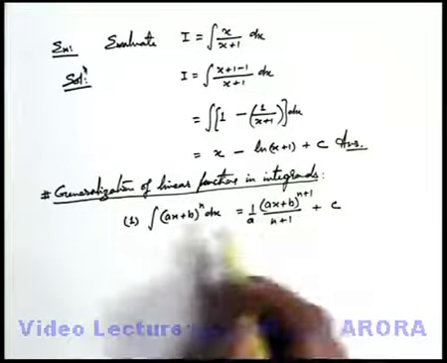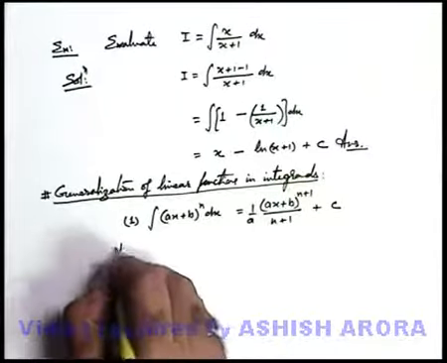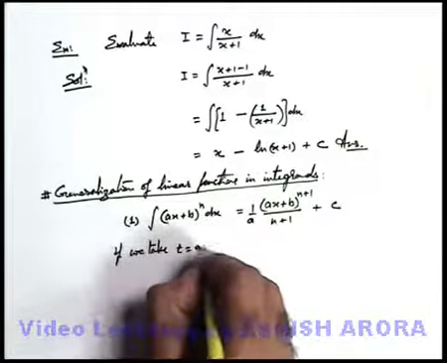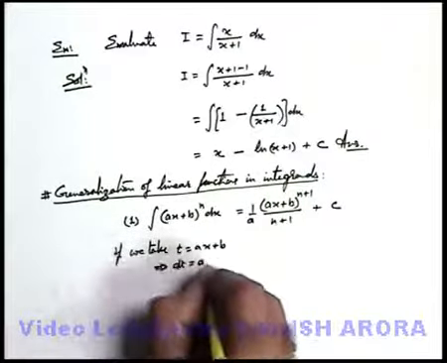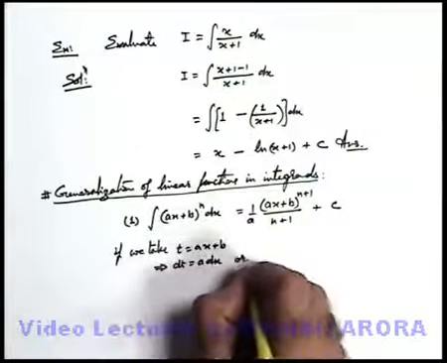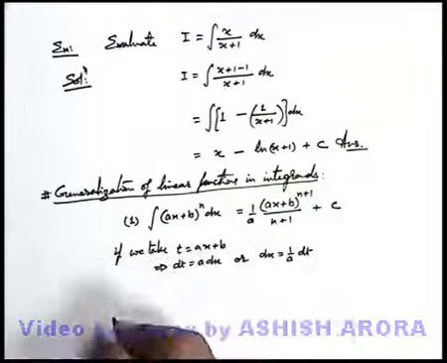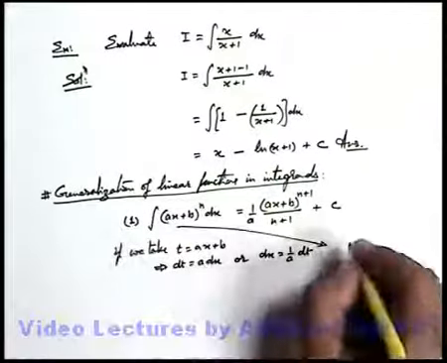Or you can also get it by substitution. If we take t is equal to ax plus b, this implies we get dt is equal to a dx, or we can write dx is equal to 1 by a dt. Now in this situation, what is this function going to become?